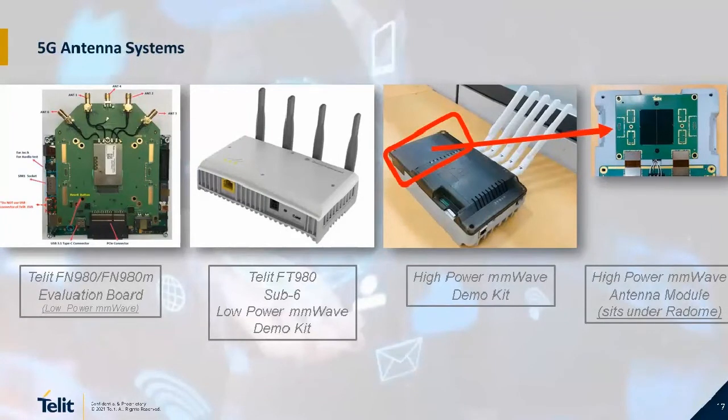And with that, I wanted to show what is available in terms of evaluation, because when you're trying to make the decision about 5G and whether to do a sub-6 design or a millimeter wave design, it really depends on what your requirements are. So on the left, we have our Telit evaluation board.